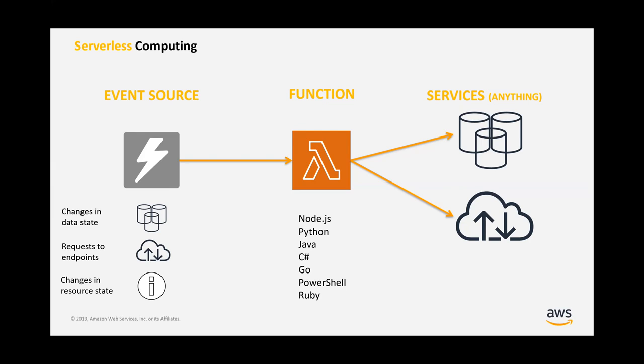It supports different languages: Node.js, Python, Java, C#, Go, PowerShell, and Ruby. And it can be triggered by event sources. Any changes in the state, whether it's on cloud or on your premise, you can just trigger a Lambda function there.